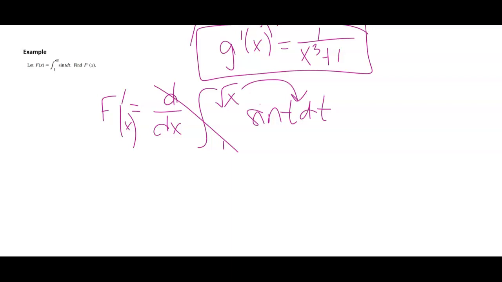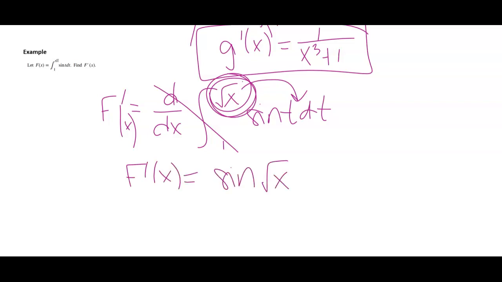This is what our theorem tells us we can do, but I still need to take the derivative of the bound. So big F prime of x is going to be sine of root x, and then I need to multiply that by the derivative of the square root of x. And that's going to be my final answer.